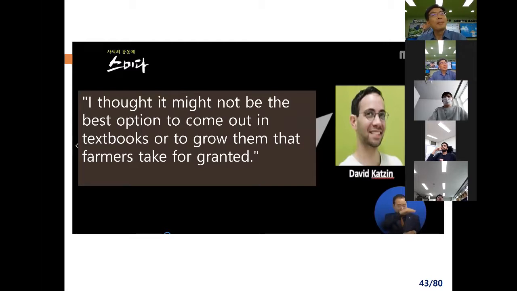He said something meaningful. I thought it might not be the best way to grow them that farmers take for granted. In other words, farming, which we've taken for granted, may not be the best way.